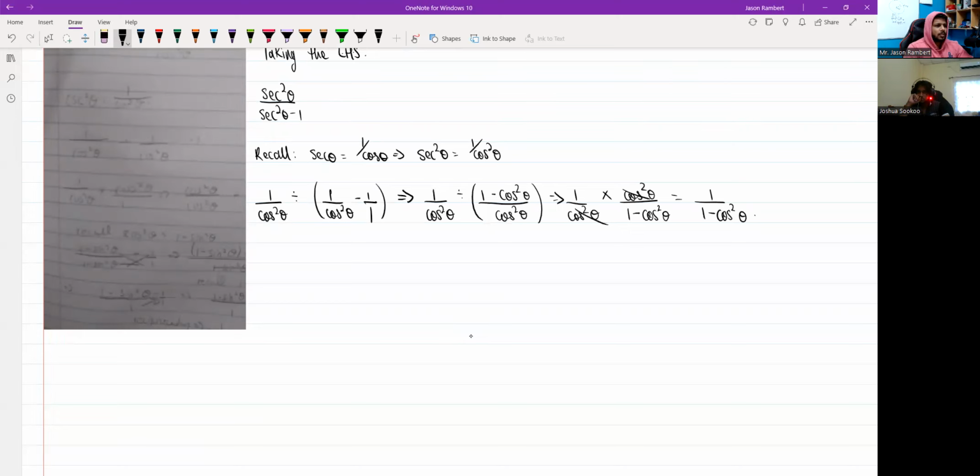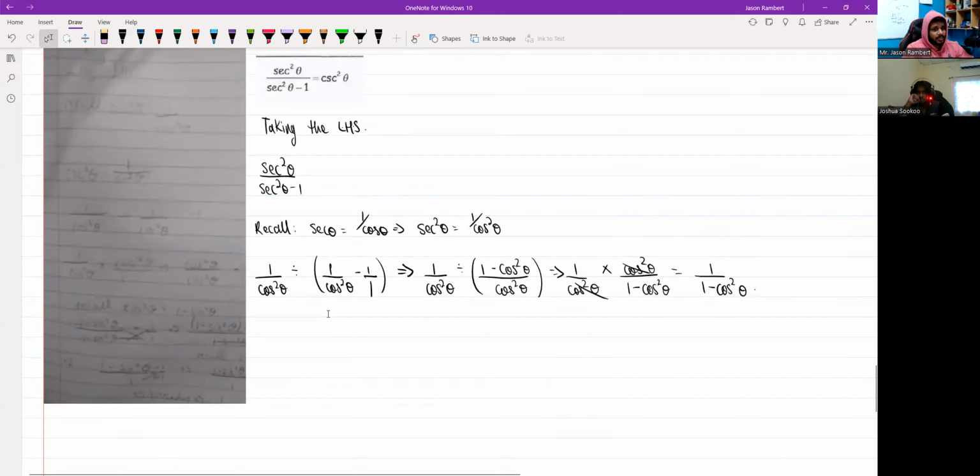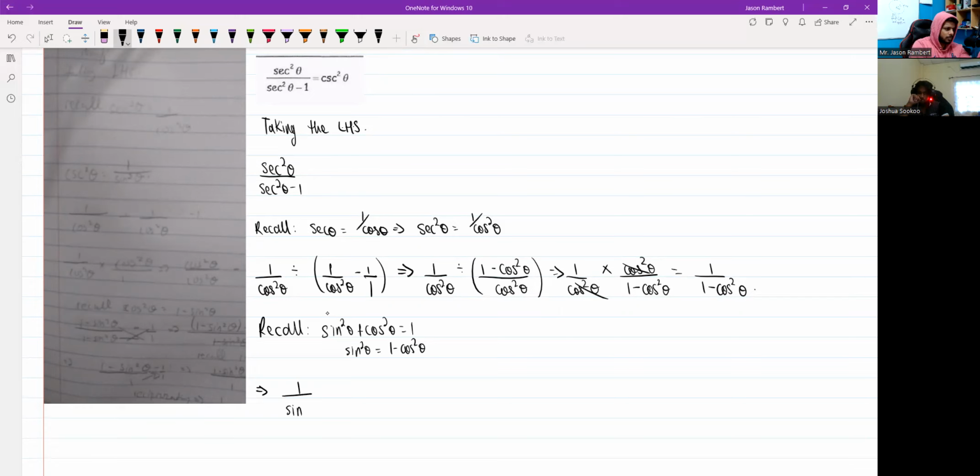Now, we're in a little bit of problems here because I'm trying to get cosec squared theta. Yeah? So I'll recall my next identity: sine squared theta plus cos squared theta is 1. And sine squared theta is 1 minus cos squared theta. So the expression works out to be 1 over sine squared theta.